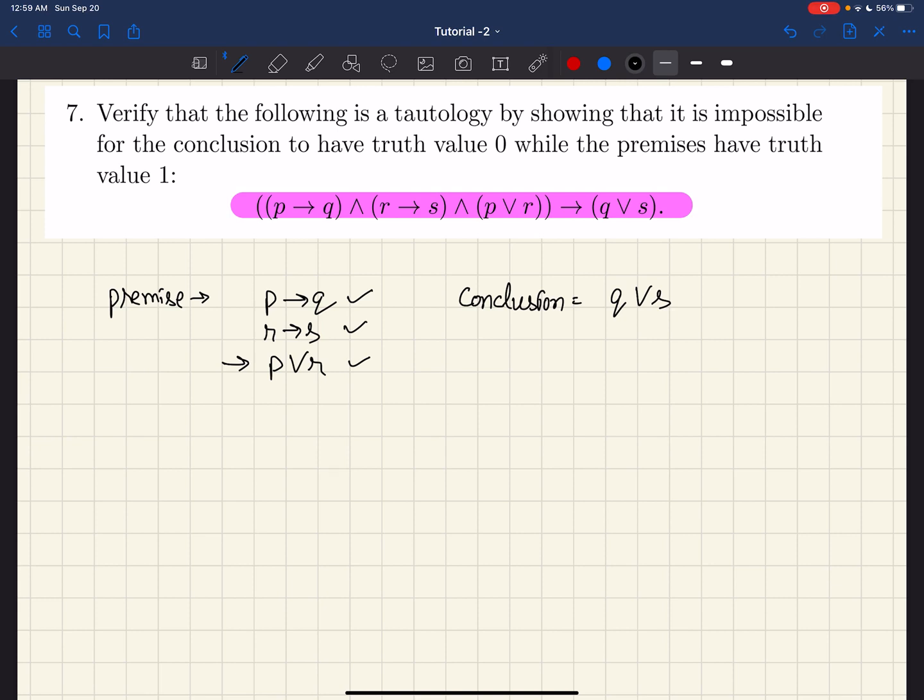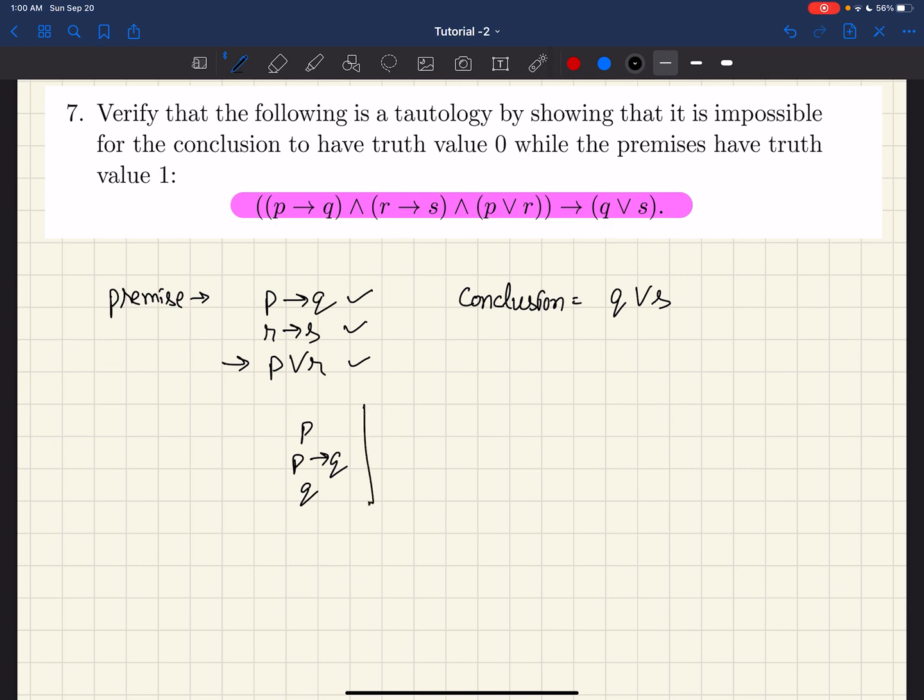So either P could be true, or just R could be true, or they both could be true. If just P was true, then P is true and P implies Q is true, and when you apply modus ponens, your conclusion would be Q.